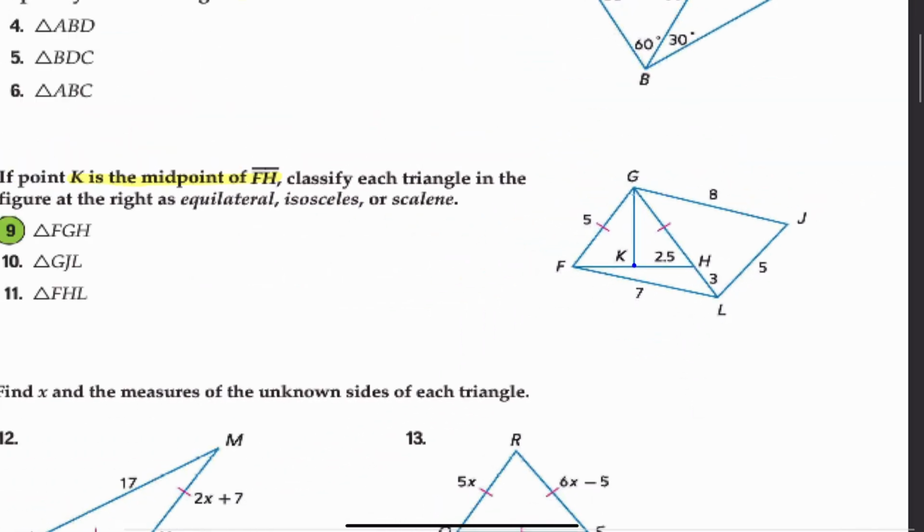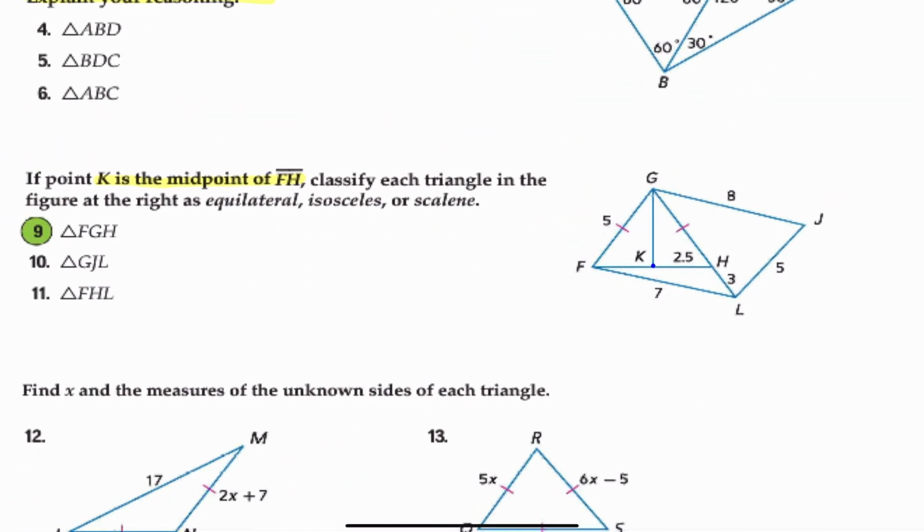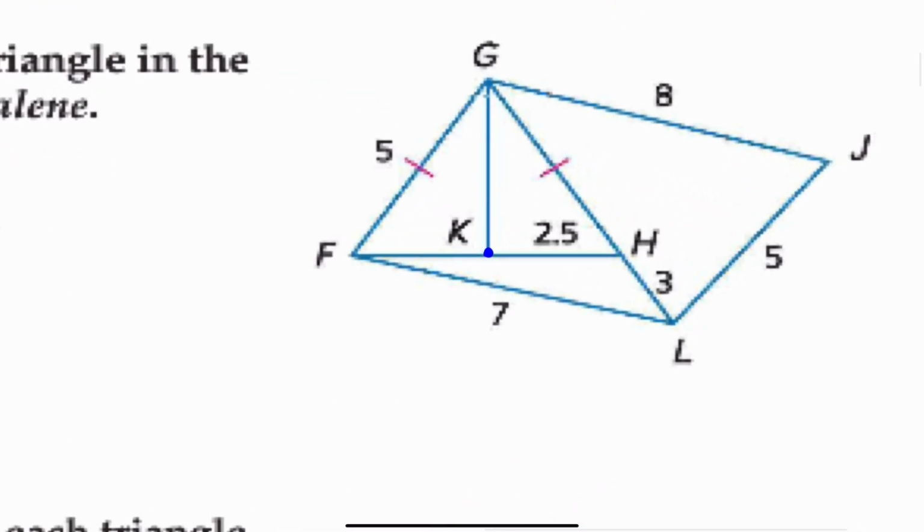So that means that since K is the midpoint of segment FH, this midpoint splits the segment into 2 congruent parts. But we know that this here is 2.5, so that means that this segment is 2.5.